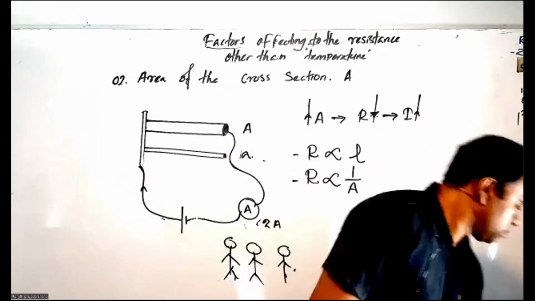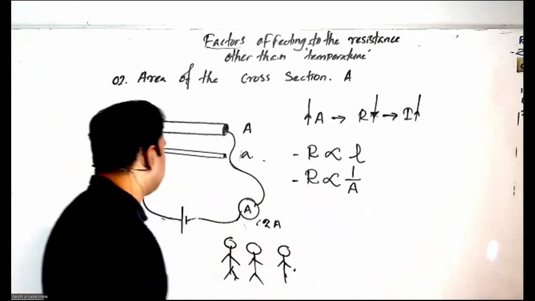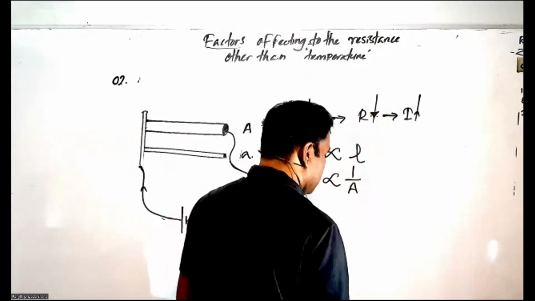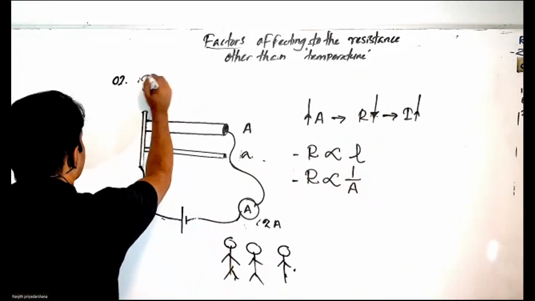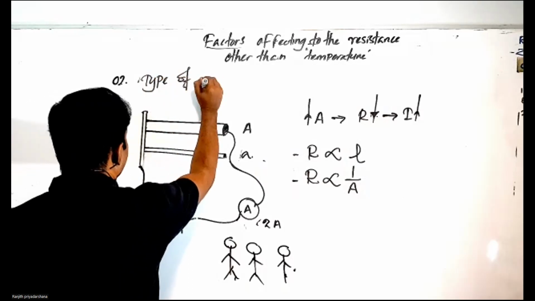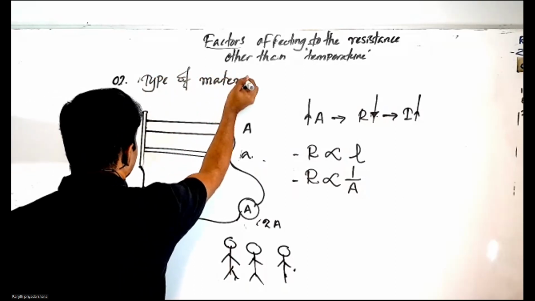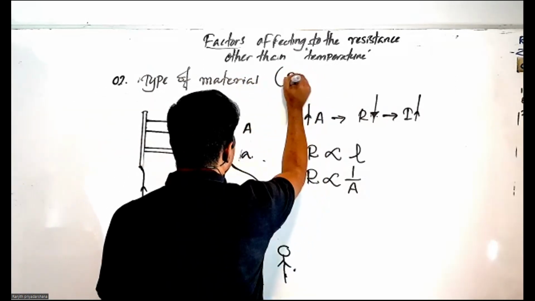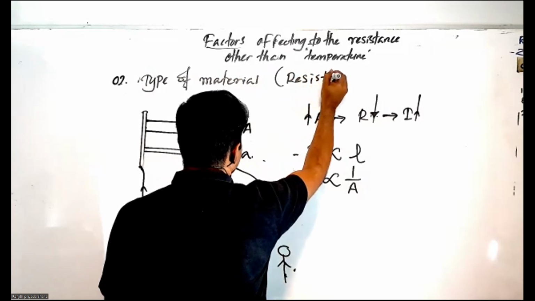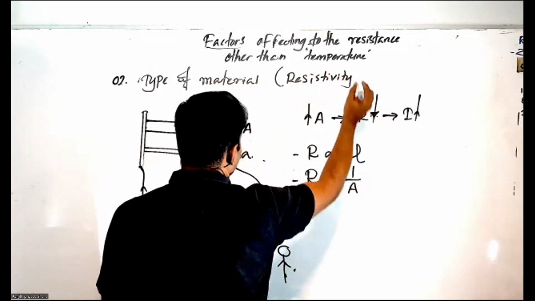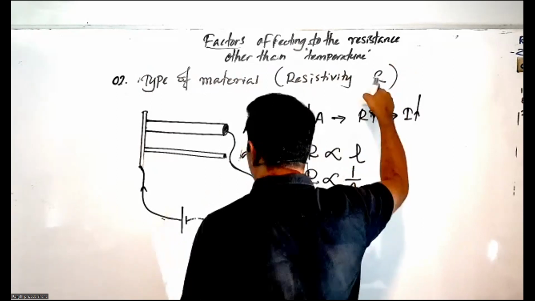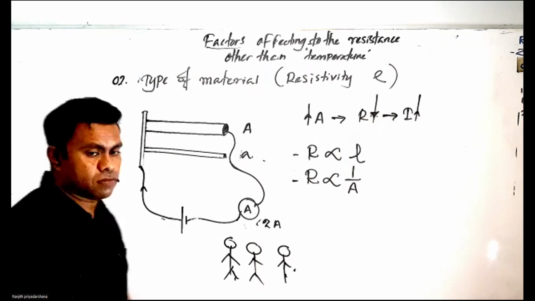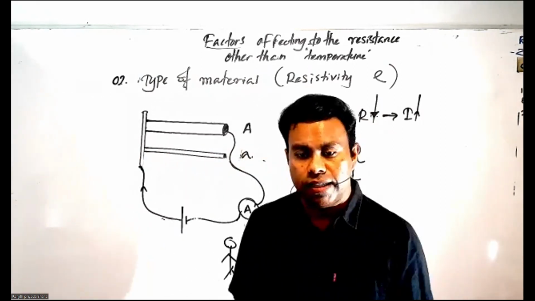Next one, type of material. We call that property resistivity, rho, not the density.